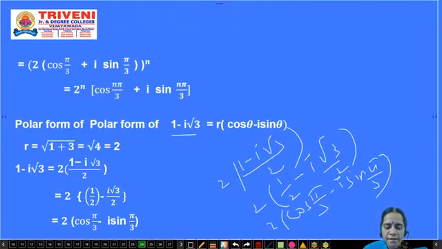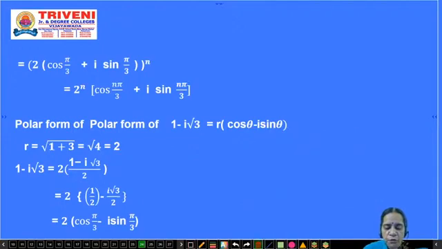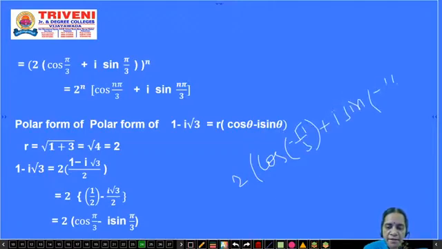But to use De Moivre's theorem, we need a plus in the middle. That's why I am writing the plus form: 2 into (cos of minus pi by 3 plus i into sin of minus pi by 3).